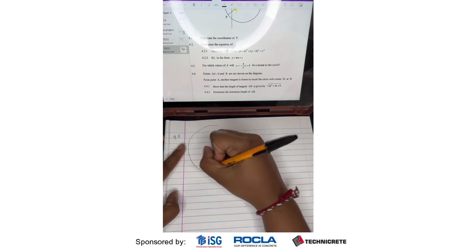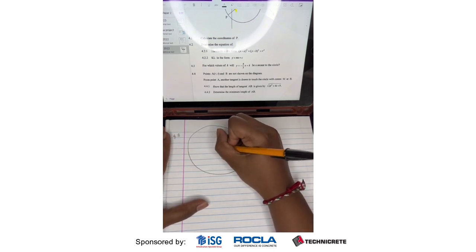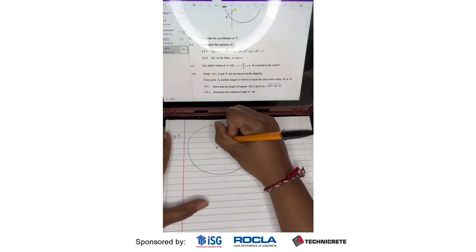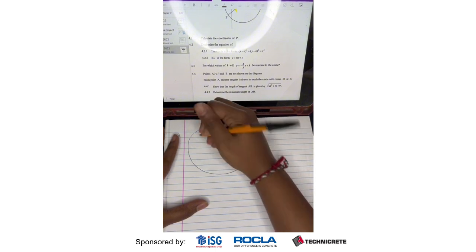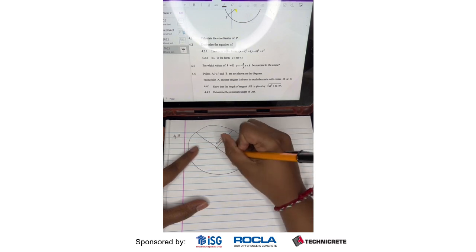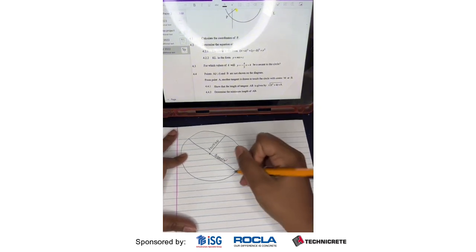Okay, so we have a circle. You've got a center. You know that the line from the center going to the edge is my radius. Then we also know that it going right across is my diameter. And we have already spoken about the tangents.